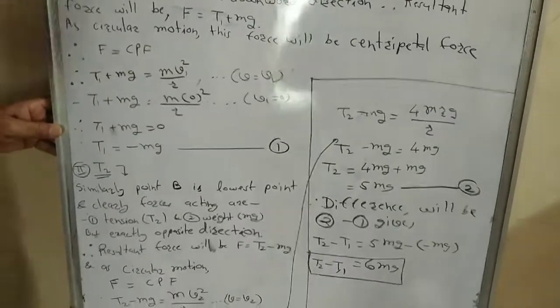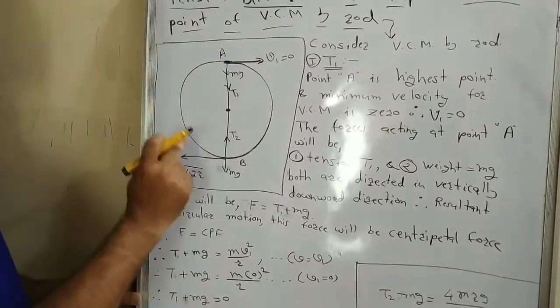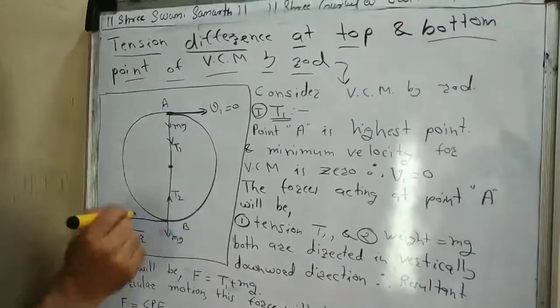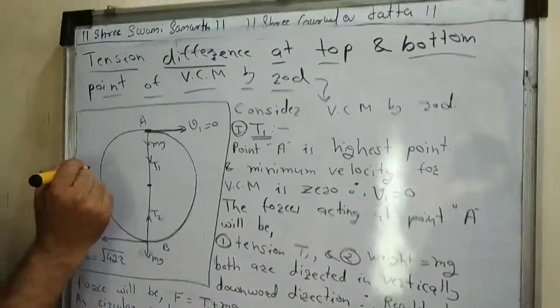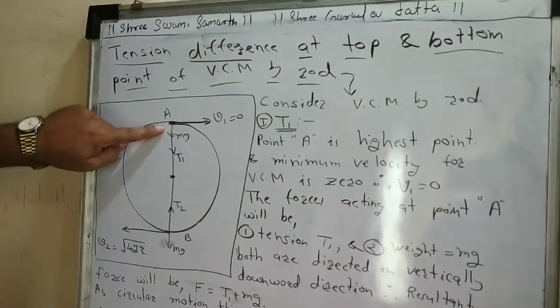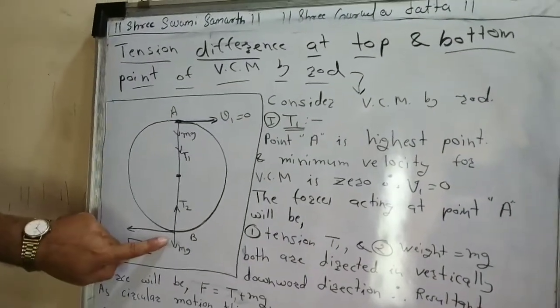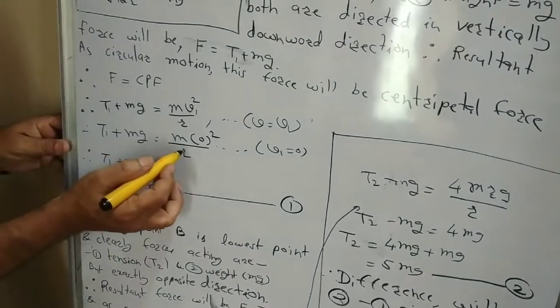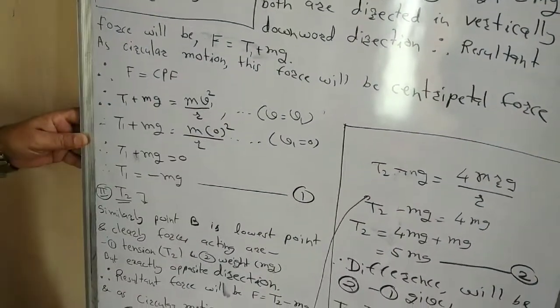We are saying that during VCM, the velocity of the body changes from point to point. As it moves in downward direction, speed increases. As it goes in upward direction, speed decreases. It is minimum at point A, maximum at point B. So here, V is equal to V1. So we get T1 plus mg is equal to m, 0 square upon r.